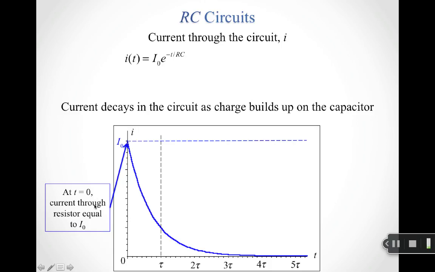A couple things are clearly evident from the plot. One is that at t equals 0, we're starting with a current of I naught. We'll come back and talk about what that I naught is in a second. But then as time goes on and charge builds up on our capacitor, the current drops off so that when we get to very large values of t, there's effectively no current flowing through the circuit anymore.